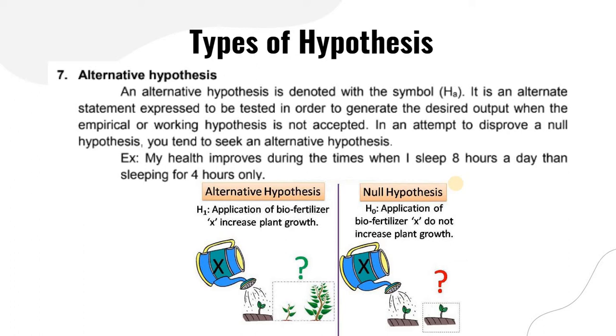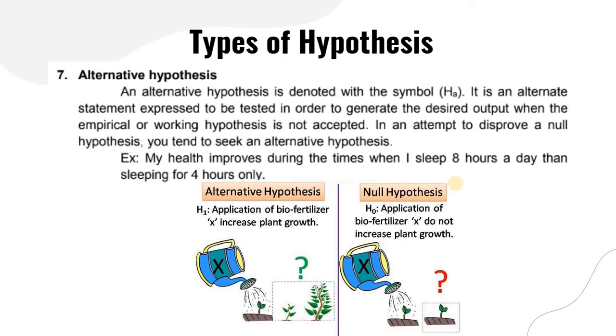So, pag sinabi mong null hypothesis, okay, negative. Okay? Pag sinabi mo namang alternative hypothesis, it is the alternate. So, makikita natin yan. So, since ito yung available na definition, it is an alternate statement expressed to be tested in order to generate the desired output.